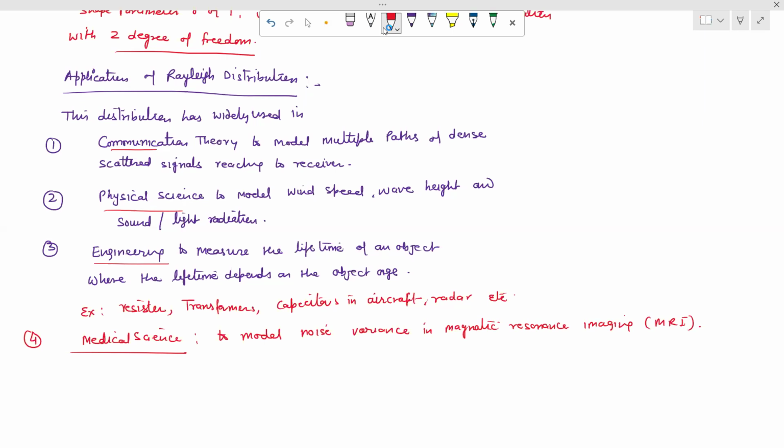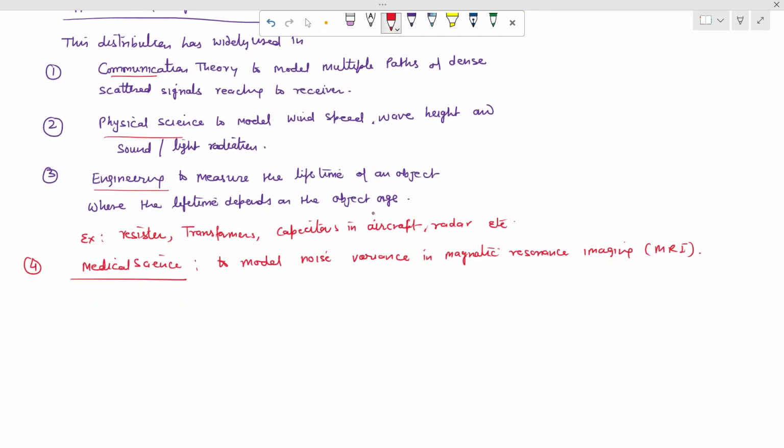So we have very wide applications of this Rayleigh distribution in each field.